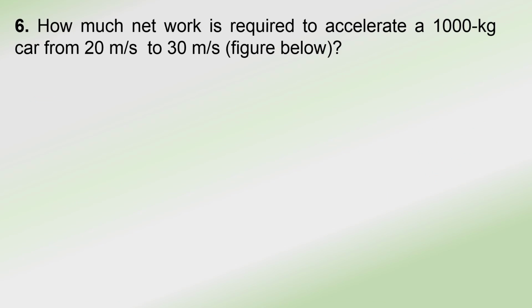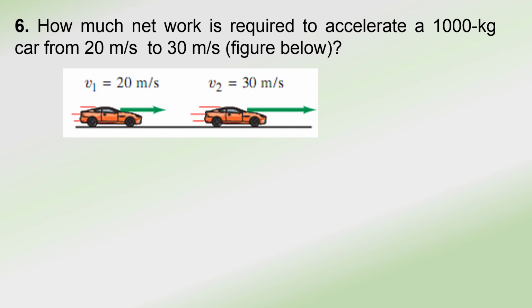Then question number 6. How much net work is required to accelerate a 1000 kilogram car from 20 meters per second to 30 meters per second? We are given the mass, we are given initial velocity and the final velocity. We are asked to find the net work.